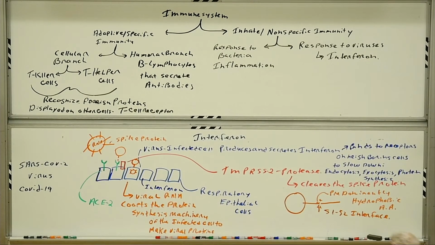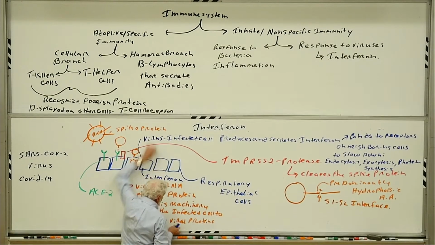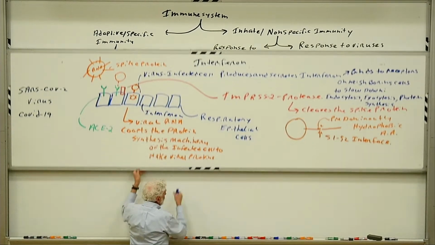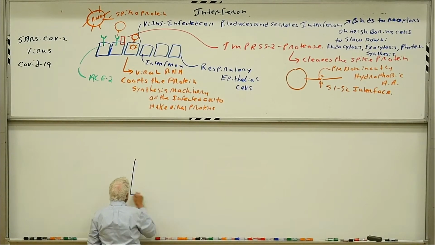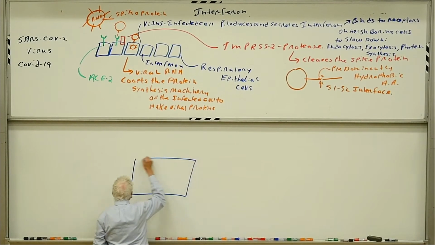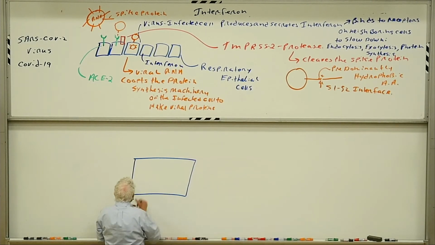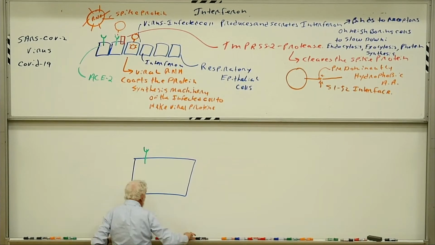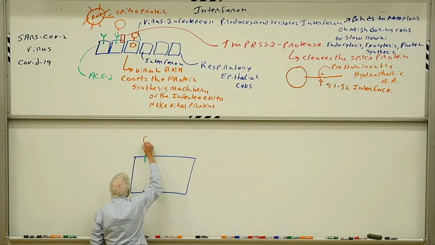And again, since you've asked the question, if we blow this up, I've got to do it back here. This is the other model, and this is the model that prevailed for a long time and makes more sense to me. So in this case, the ACE2 binds to the virus.